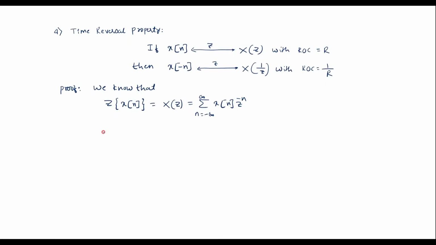Now let's consider the Z transform of x of minus n, which is summation n from minus infinity to infinity, where the input is x of minus n, times z power minus n.